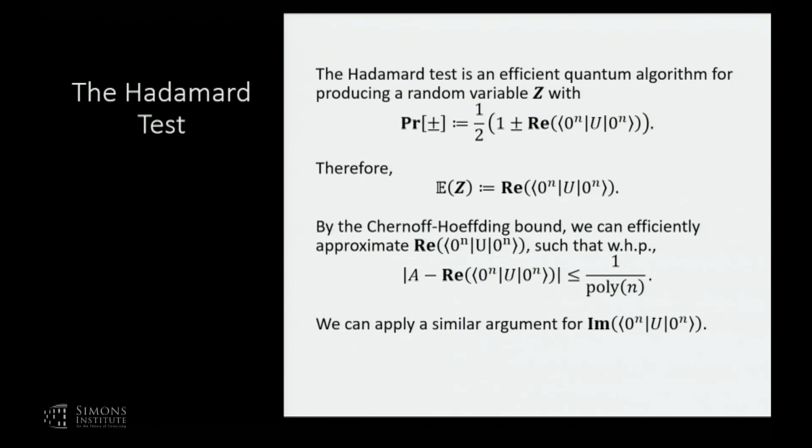Then we can repeat this procedure a polynomial number of times, and with high probability, get additive error approximations to 1 over poly. We can apply a similar thing to the imaginary part. The main thing is that, provided U is composed of polynomially many gates, we have a quantum algorithm which allows us to approximate any amplitude.